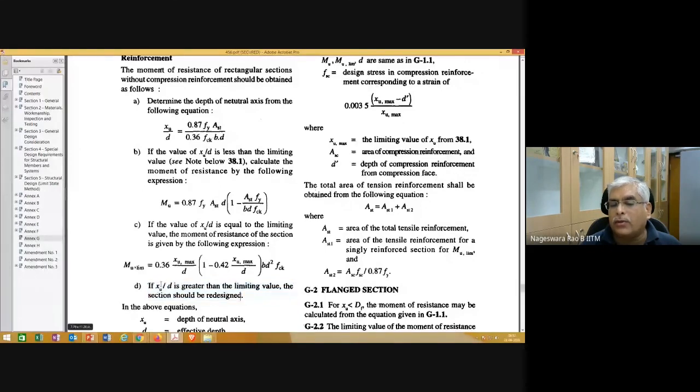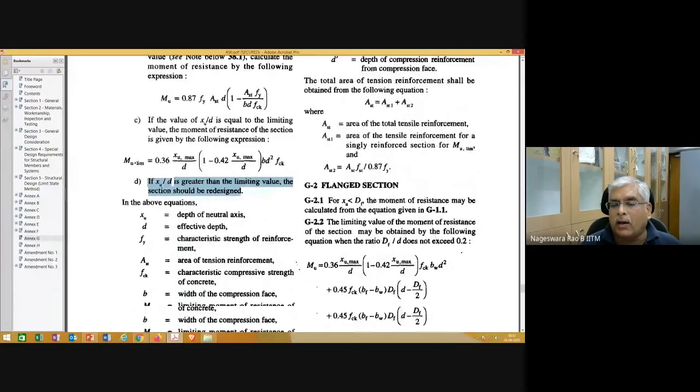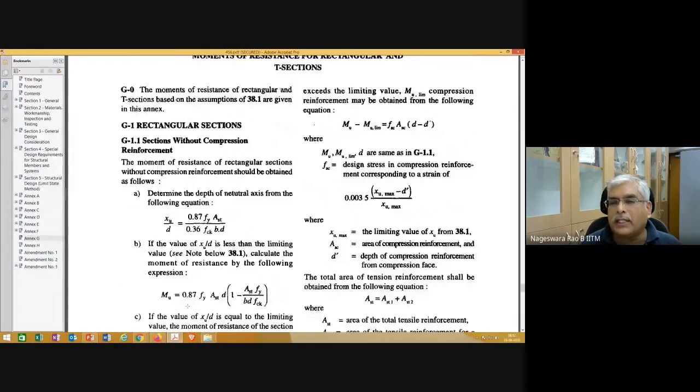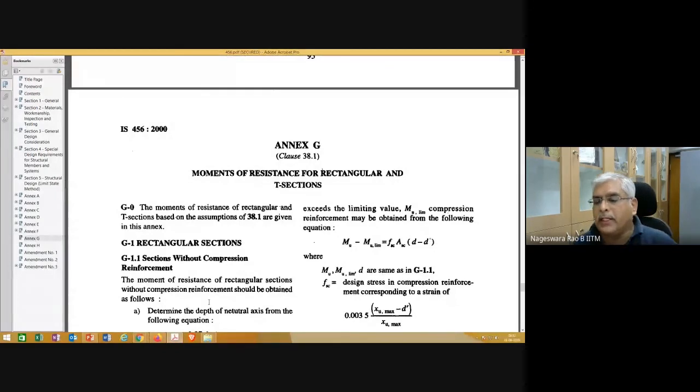If XU divided by D is greater than the limiting value, the section should be redesigned. All other quantities, the notation, are given here in the explanation. So I'll stop here. If you have any questions, you can raise them at this stage.